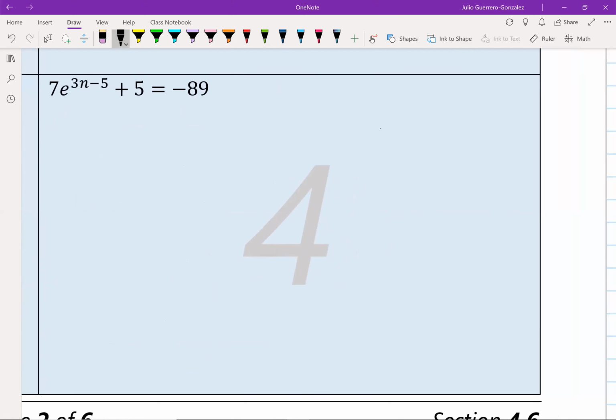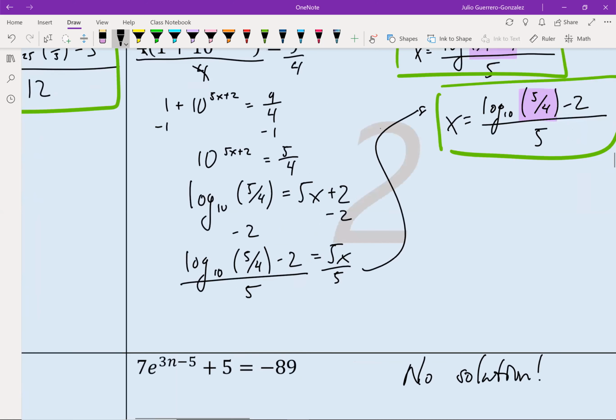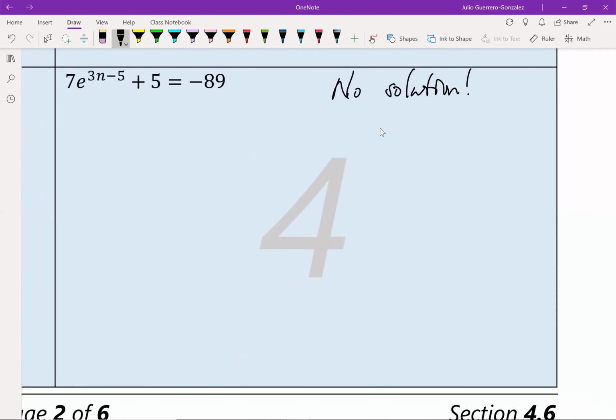Okay, this one. What'd you guys get? Well, this was Dana's group. No solution. All right. Why not? Because when you get to a certain point, you can't solve it anymore. Right, so let's go through the steps. Minus 5, minus 5.